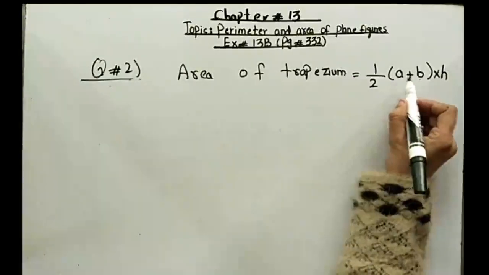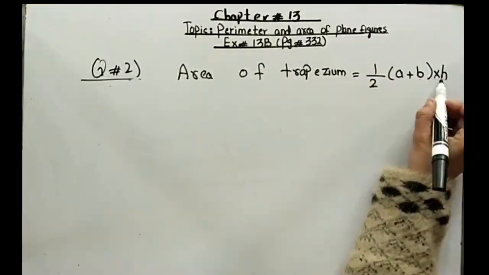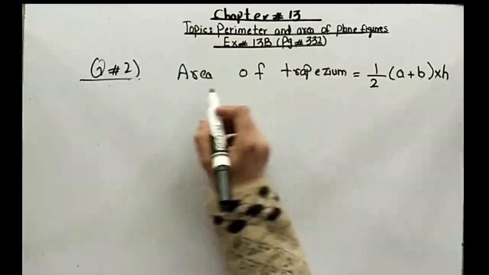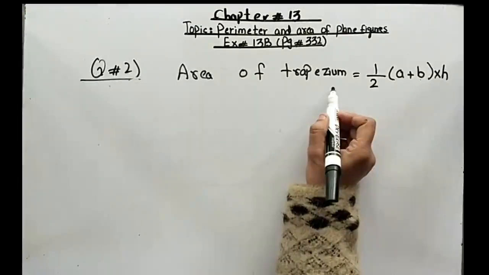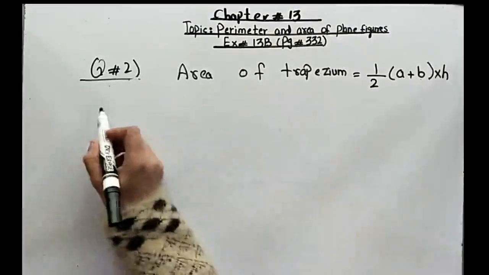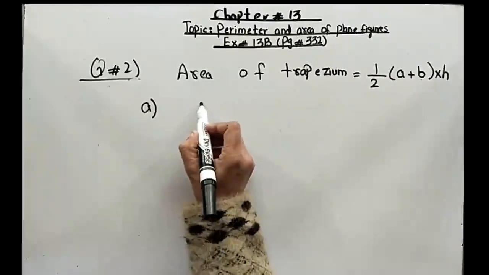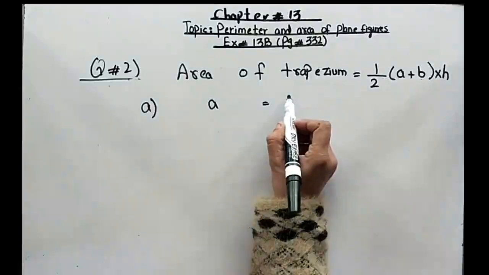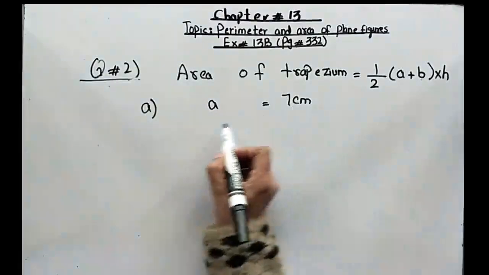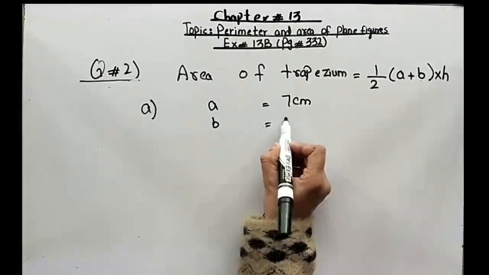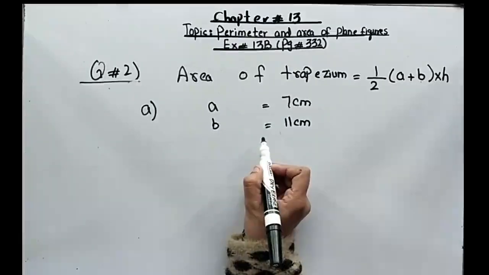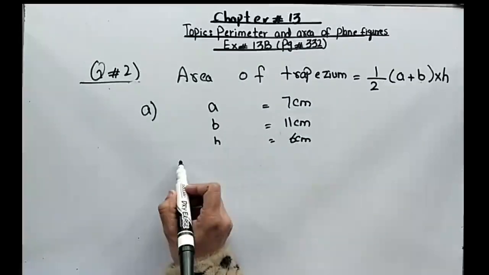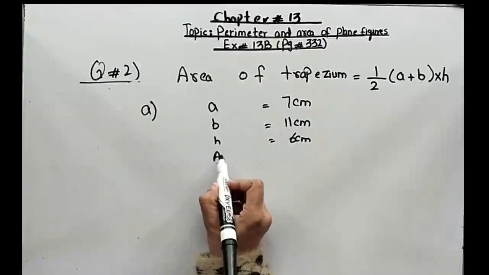So when we add these two sides, multiply with h, and finally divide by 2, we will get the area of the trapezium. Got it, beta? In the first part, A is equal to 7 centimeter and B is equal to 11 centimeter, and H is equal to 6 centimeter. Then find the area.